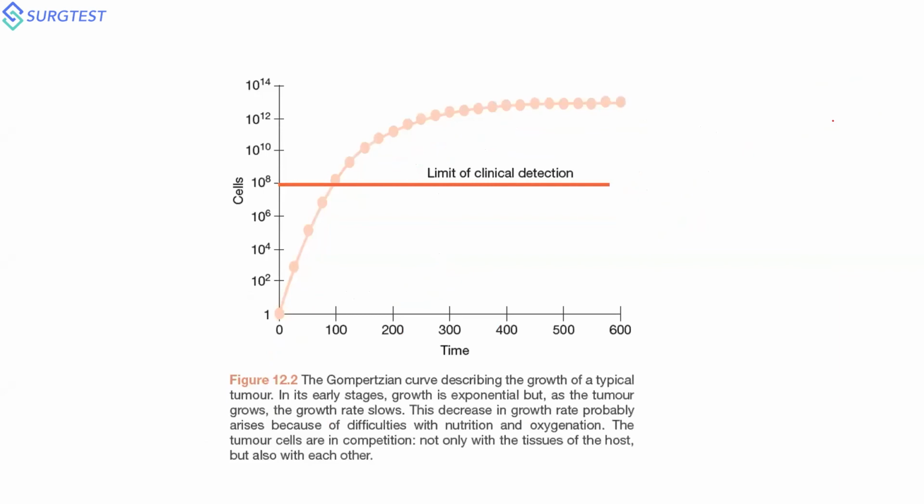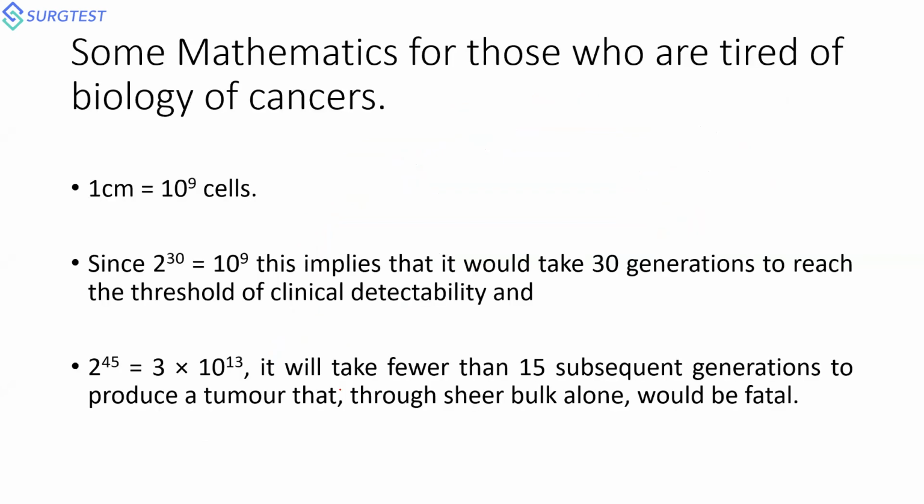The same thing that I've described, the Gompertzian growth curve, is for your tumor doubling. It is not only for your normal time measurements of how the cell multiplies, how fast it multiplies until it has a clinical detection, and how it attains a plateau phase after detection. So as I told you, there's some small maths for all of you who are interested in the mathematics part of it.